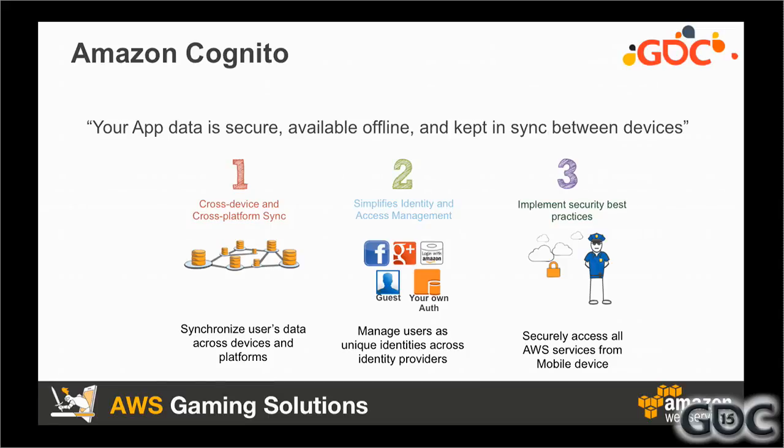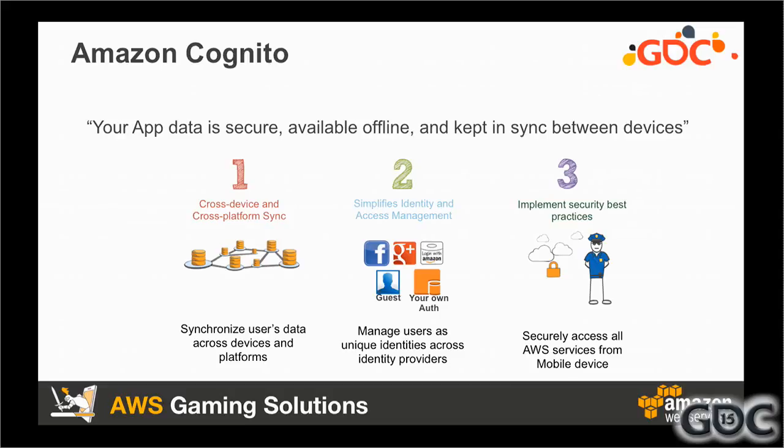Secondly, Cognito provides you out-of-the-box support for third-party authentication providers via Facebook, Google, Amazon. You can have your own developer backend authentication system that you can integrate with Cognito. And then finally, for providing a sneak peek, some kind of initial access to your games, we also support guest users.